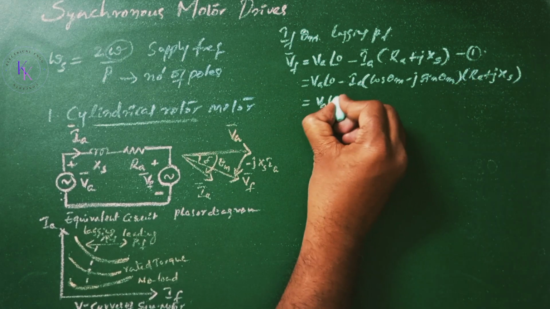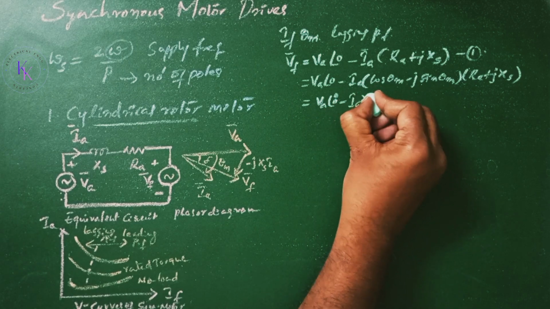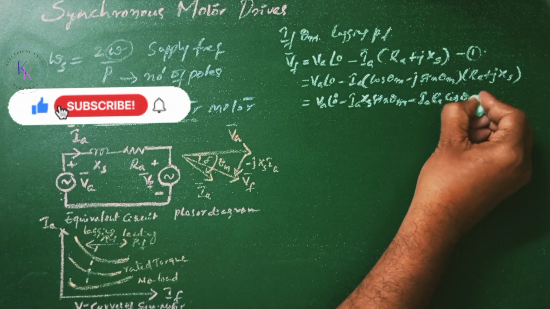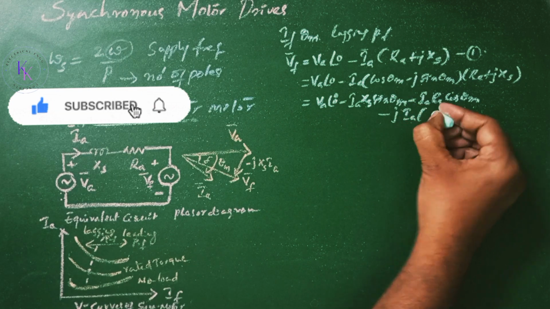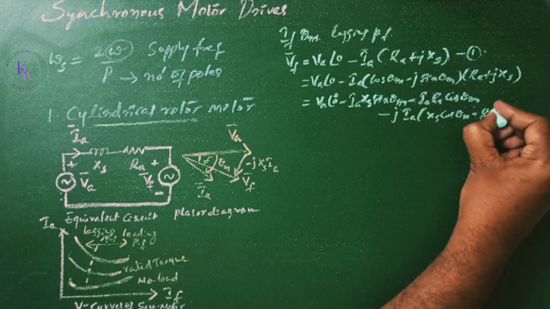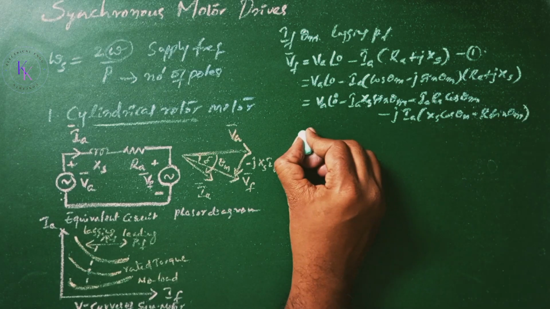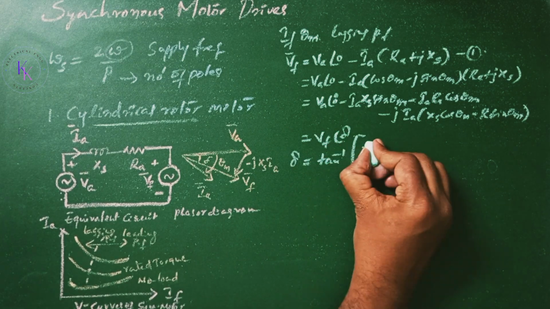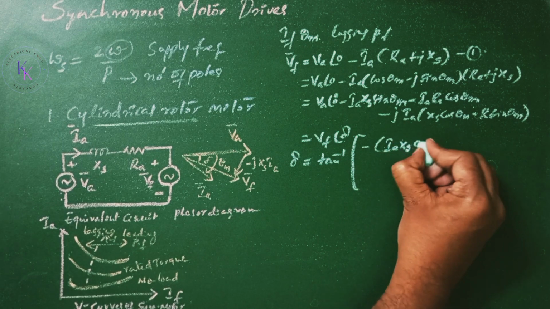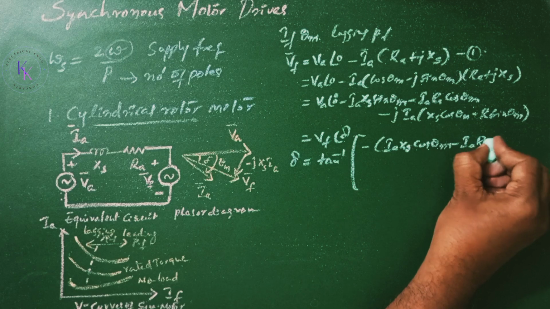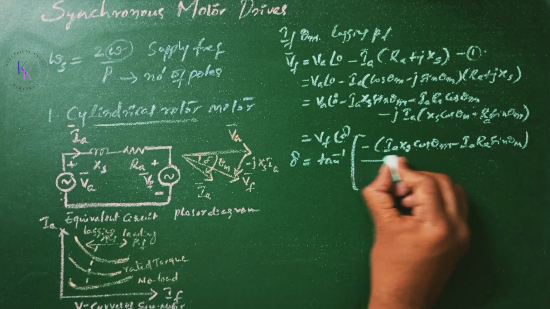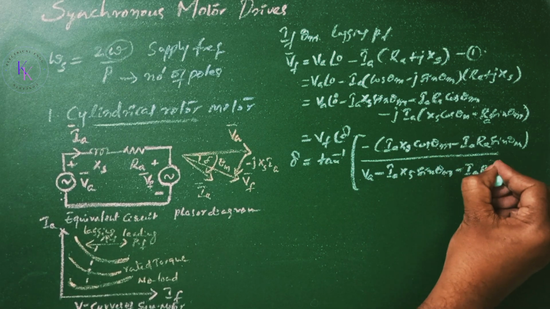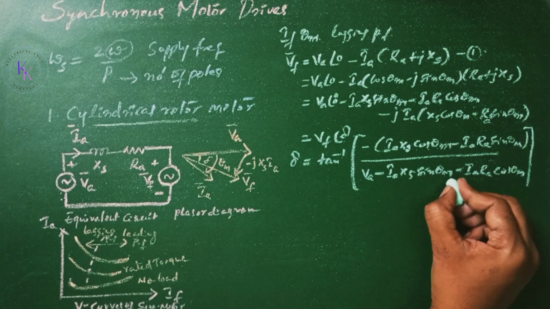That equals Va at an angle 0 minus Ia XS sin theta m minus Ia Ra cos theta m minus j Ia of XS cos theta m minus Ra sin theta m, which is nothing but Vf at an angle of delta, where delta equals tan inverse of minus Ia XS cos theta m minus Ia Ra sin theta m divided by Va minus Ia XS sin theta m minus Ia Ra cos theta m. That is equation number 2.